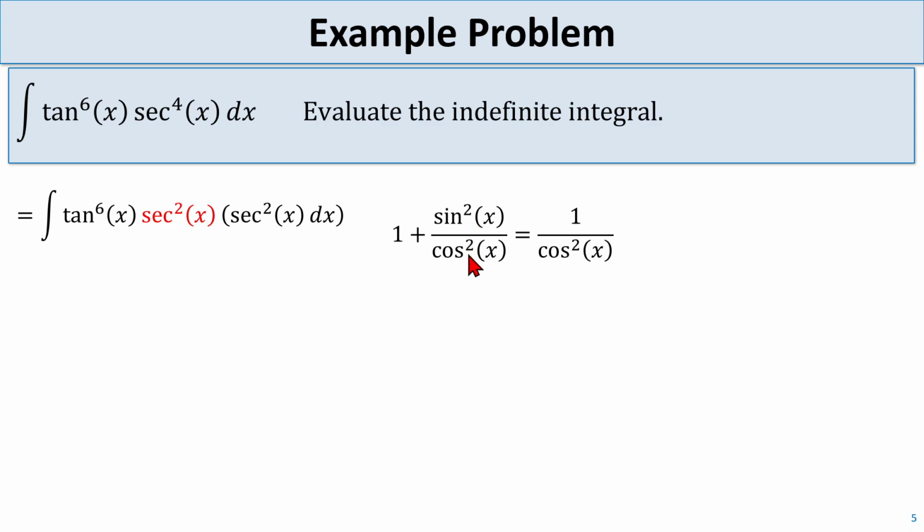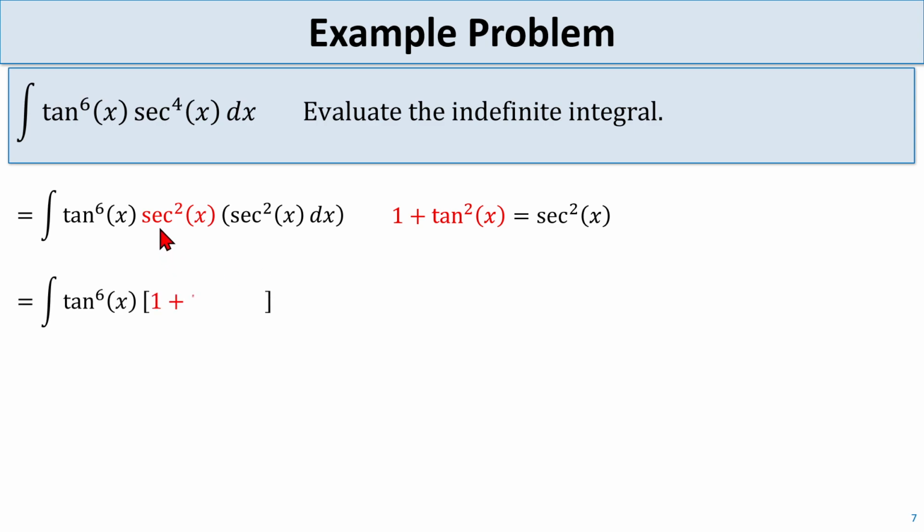Sine squared over cosine squared is tangent squared. And last, 1 over cosine squared is secant squared, which is the reason we use this approach, because now I can replace this secant squared with 1 plus tangent squared of x. In fact, I'll do that right now. We replace secant squared with 1 plus tangent squared of x.